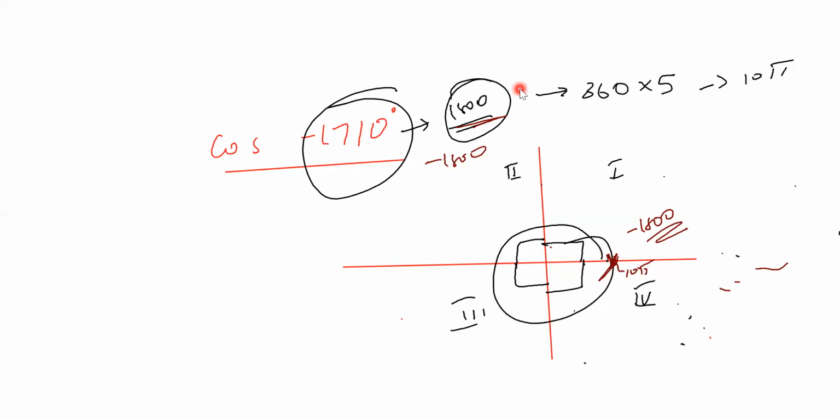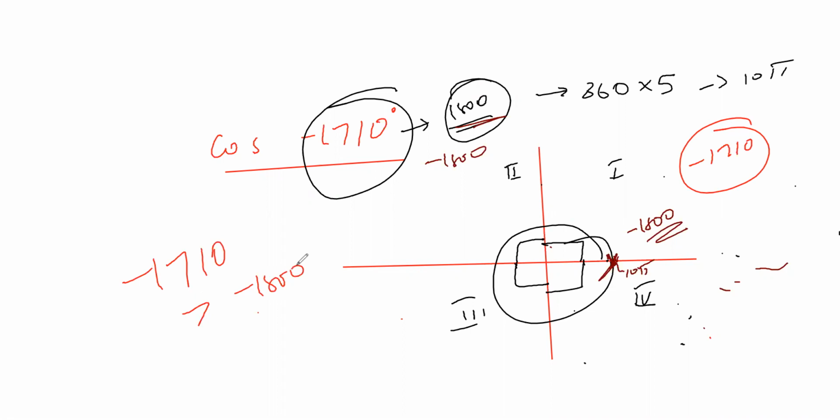Fine. So if it is coming to this position, and you're only having minus 1710, which means minus 1710 is greater than minus 1800 by 90 degrees. So it should come somewhere here by 90 degrees.